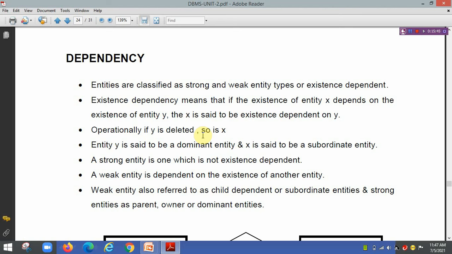Okay. So here a strong entity is one which is not existence dependent. A weak entity is dependent on the existence of another entity.